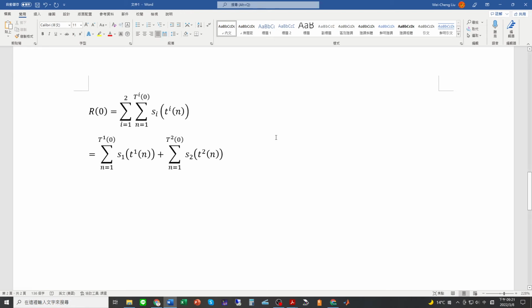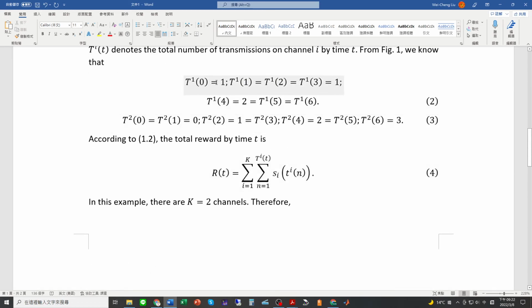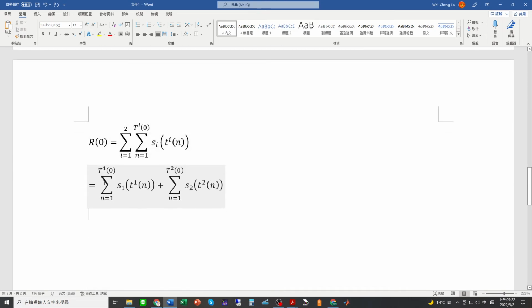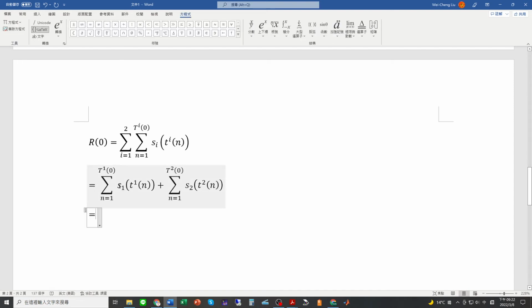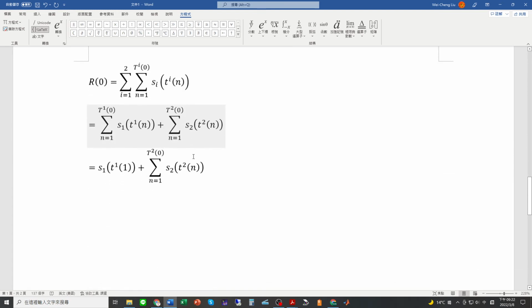So what is the value of t1 of 0? Let us see. t1 of 0 is equal to 1. So summation n is equal to 1 to 1, there is only one n. So this is equal to s1 of t1 of 1. And plus, we copy this and paste here, t2 of 0. t2 of 0 is equal to 0.